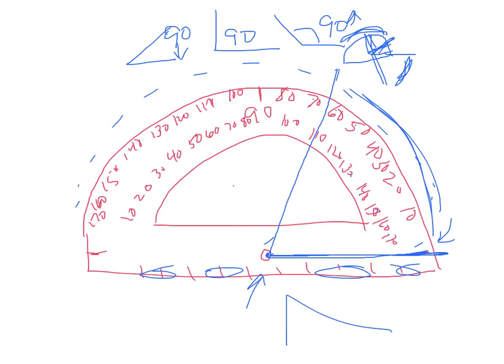So for this angle right here that we're measuring with the protractor, the first thing you can ask is: is that angle more open or closed than a right angle, or a 90-degree angle? Well, it's more closed than a right angle. It's smaller than a right angle. And so we know that the answer has to be smaller than 90.